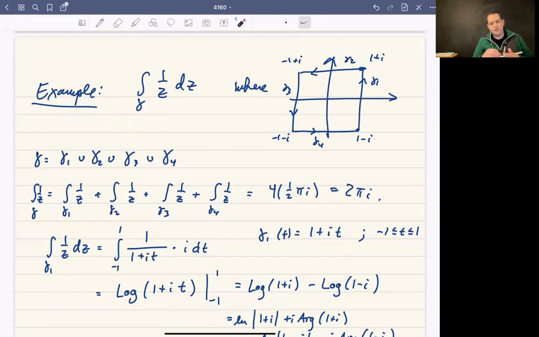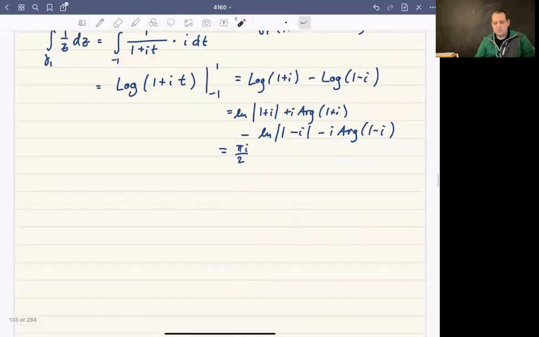We could homotopically deform gamma into some other curve, as long as it doesn't have to cross over 0, then everything's fine. So for example, you couldn't deform this square into a curve that looks like this, because now the origin's not inside that new curve. But you could deform it into, say, the unit circle, and that's a much nicer curve.